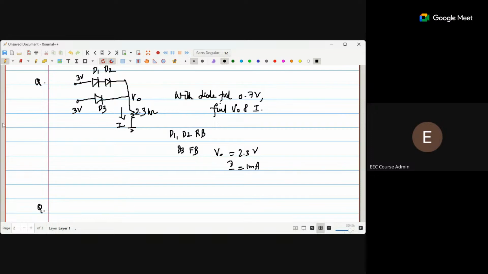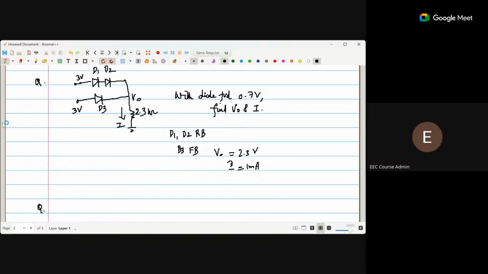One of the diodes is ideal means with 0.7 what you get. You have to actually check. Proceed with one assumption. Say both of them are forward bias, D1 and D2, and also take D3 as forward bias. Calculate the currents, and check whether your assumption is valid.